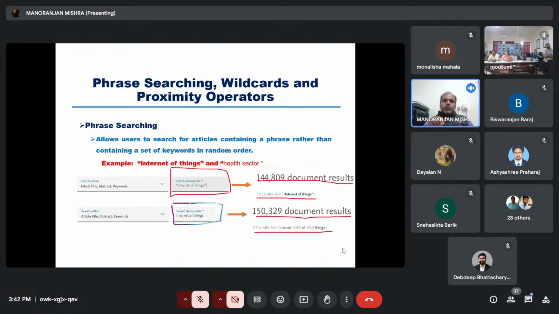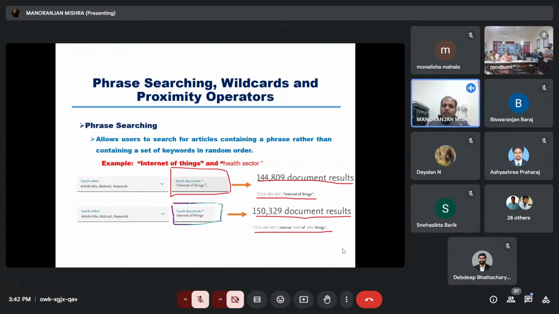There are different operations, wildcard and proximity operators. You just go into the search engine and check. What is the use of these things? You go through some material or demo, and you can see the double quote has a meaning, and without double quotes has a different meaning, so the results will be different.